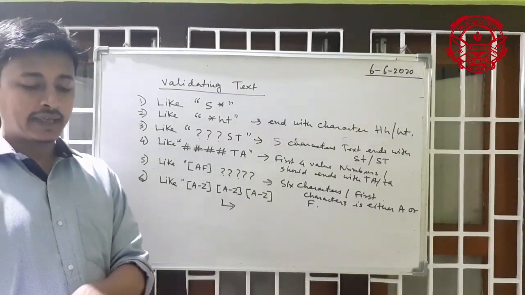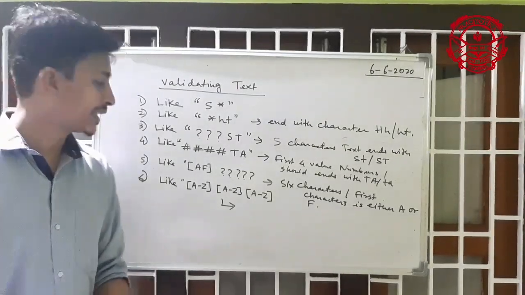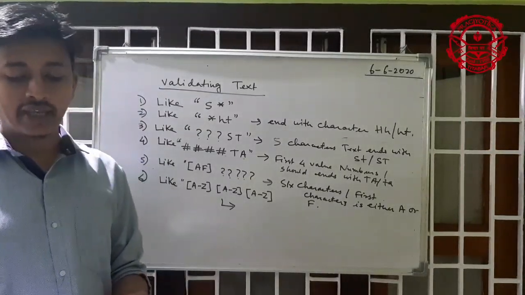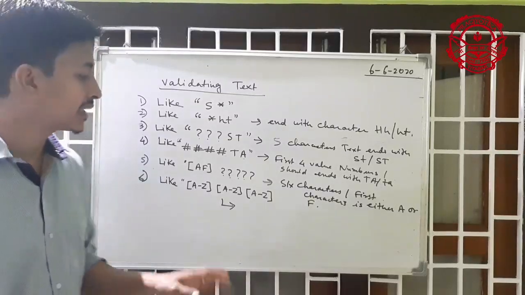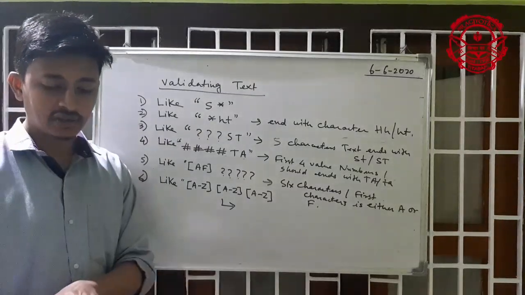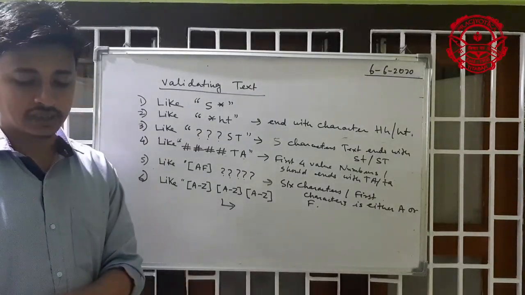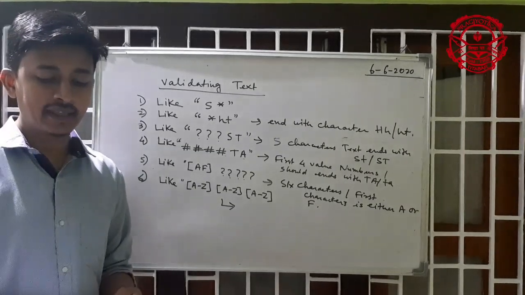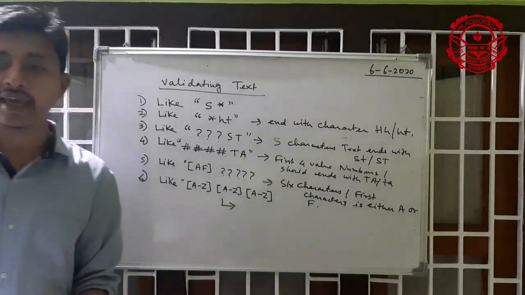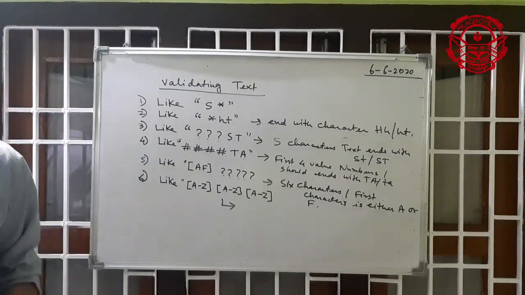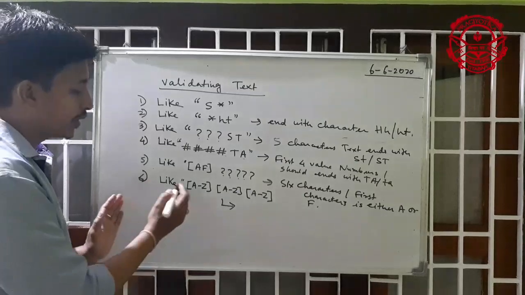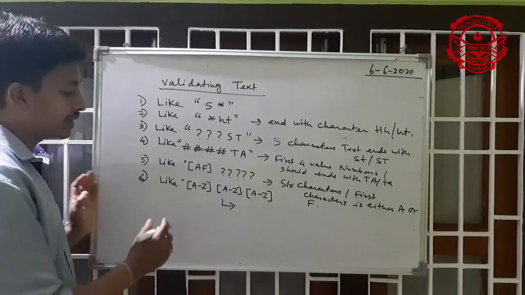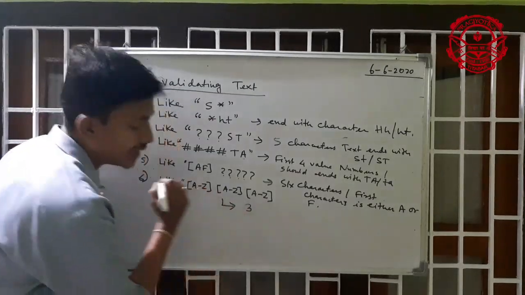It accepts 3-letter words and does not allow numbers or any symbols. A to Z means that the character can be any letter between A and Z. It accepts any character, but the word should be 3 characters.